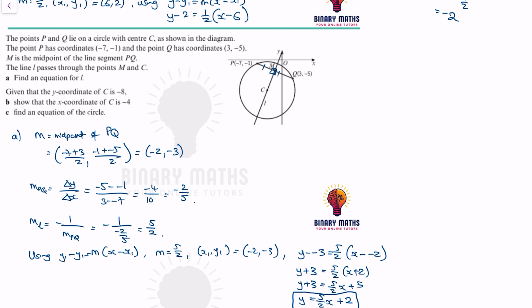Okay, it says, given that the y coordinate of C is -8, show that the x coordinate of C is -4.